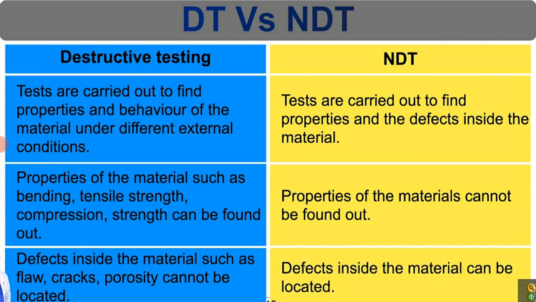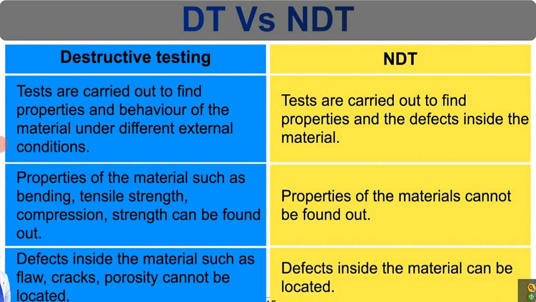In destructive testing, properties of the material such as bending, tensile strength and compression strength can be found out. In non-destructive technique, these properties of the material cannot be found out. In destructive technique, defects inside the material such as flaws, cracks and porosity cannot be located. In non-destructive technique, defects inside the material can be located.